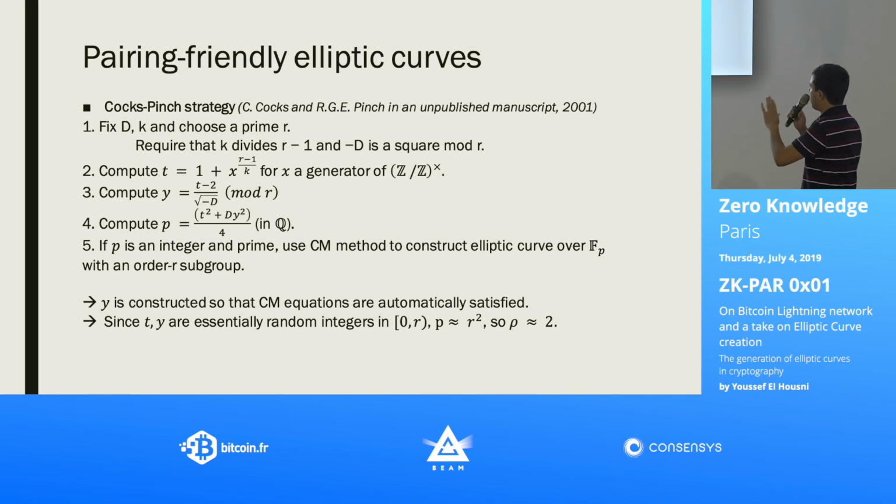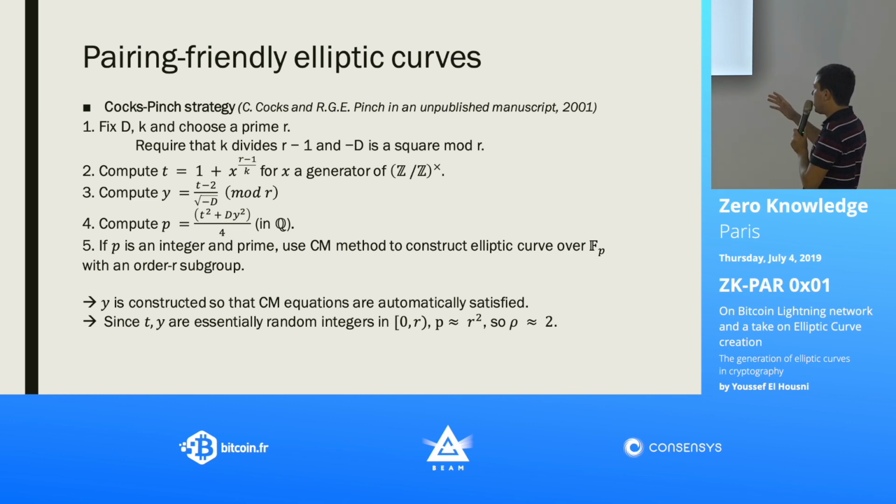You need to find a generator in Z/rZ, and you compute t, you compute y, you compute p. In complex multiplication theory, an elliptic curve verifies two equations, I haven't written it down, one with respect to the prime characteristic, that is 4p equal to t squared plus Dy squared, and with respect to the order, if we call it r, it is 4r equal to (t minus 2) squared plus Dy squared, with the same D, the same y, the same t.